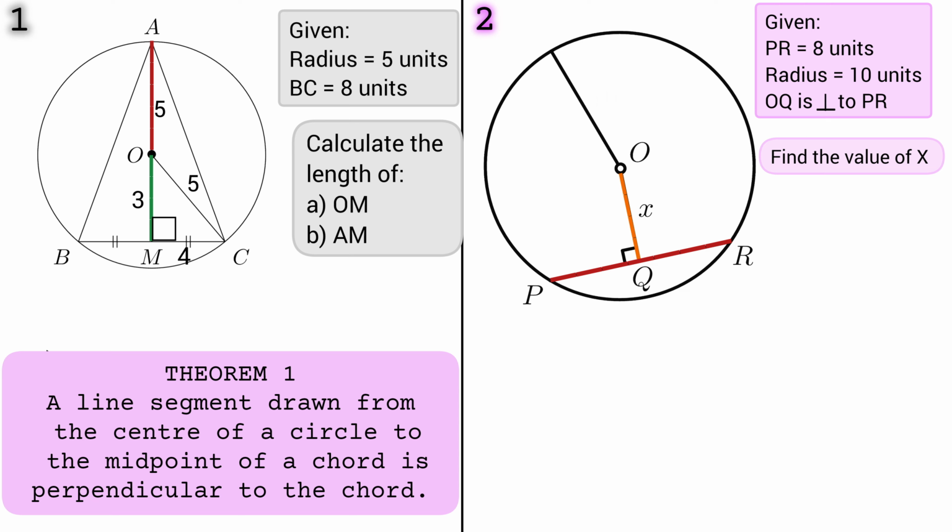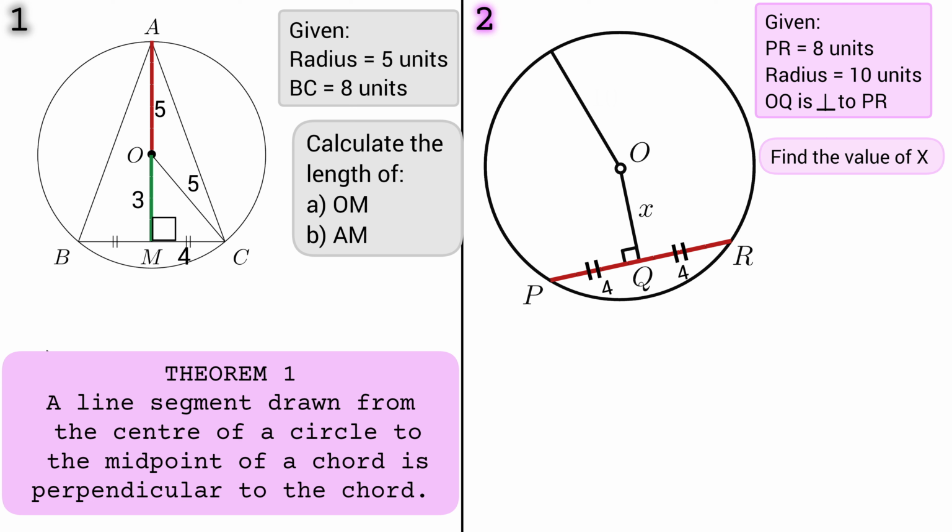The fact that we are already given that OQ is perpendicular to PR tells us that the line OQ meets the chord PR at the midpoint, and the length of PQ is equal to the length of QR. So if PR is 8 units, then PQ is 4 units, and QR is also 4 units.